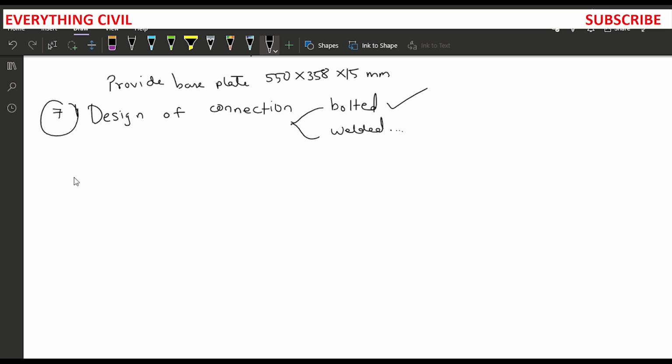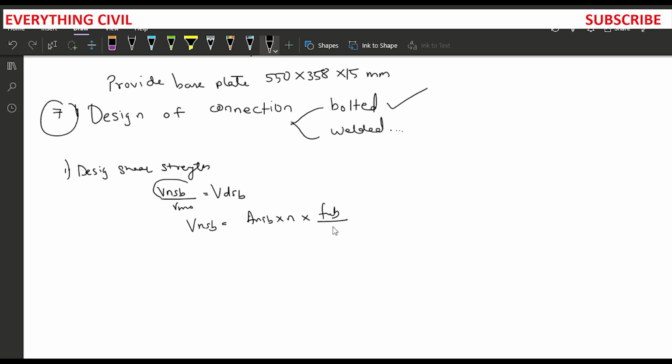So for designing the connection by bolted method, the first step will be to determine the design shear strength of the bolt. So the design shear strength will be VNSB divided by gamma MO, and this will be equal to VDSB. So first we will find out what is VNSB. Therefore VNSB will be equal to ANSB n into FUB upon under root 3 gamma MO.